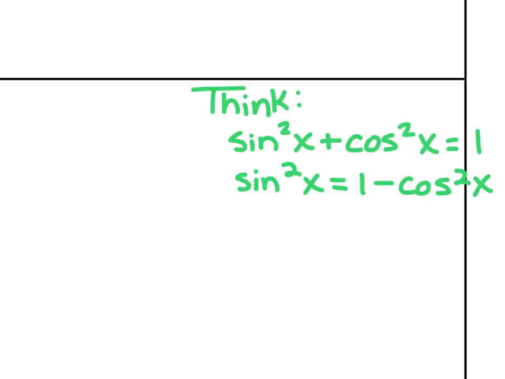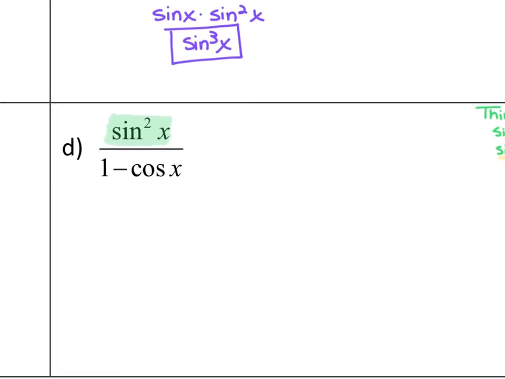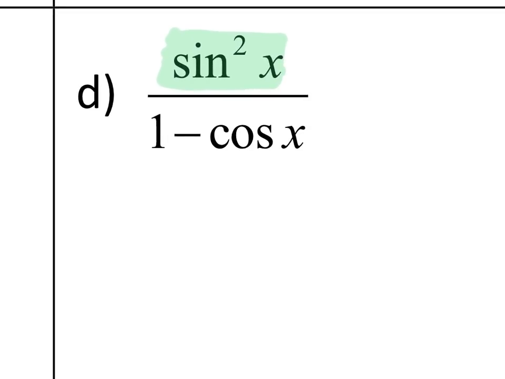So anywhere that I have sine squared, I can replace it with 1 minus cosine squared. And that's what I'm going to do in this problem. I'm going to write 1 minus cosine squared as the numerator of that fraction.